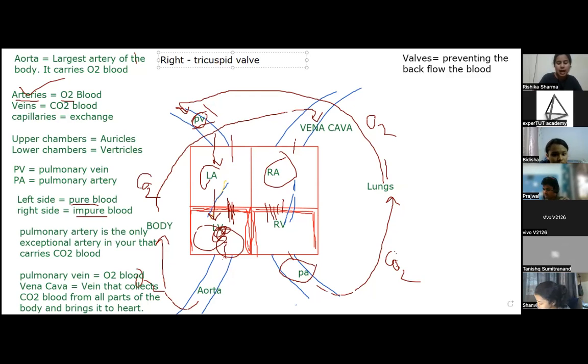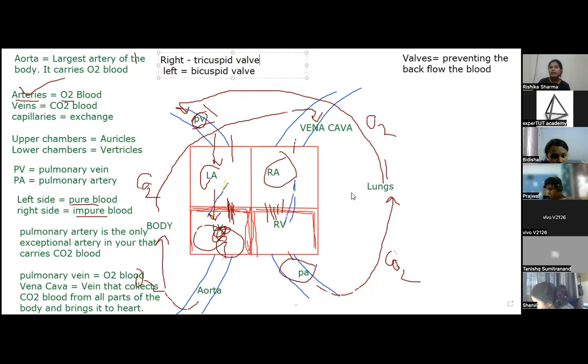Okay, and the left side of the heart has your bicuspid valve. Is it okay?